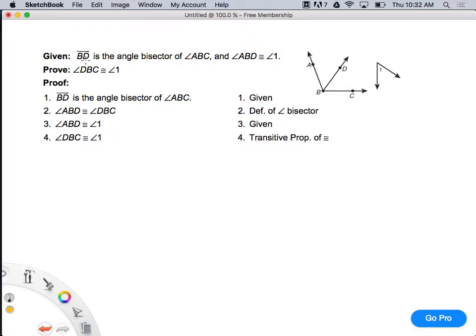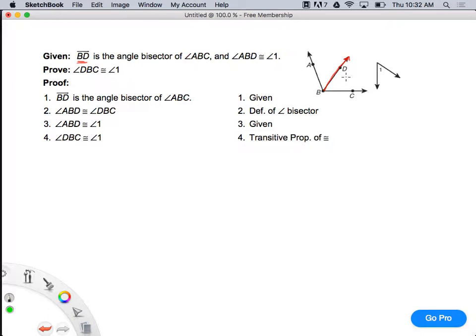Then it says BD, and that's a ray, is the angle bisector of ABC. So I'm going to highlight that in red. BD is the angle bisector of angle ABC. So here's angle ABC. Well, what do I know then about these two angles? ABD and DBC. If this is the angle bisector, what do I know about these two angles?